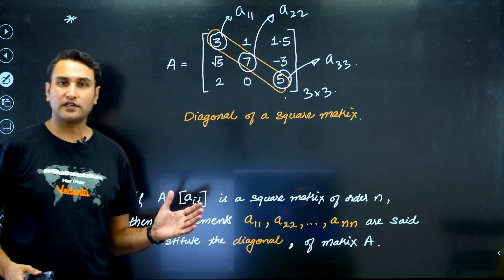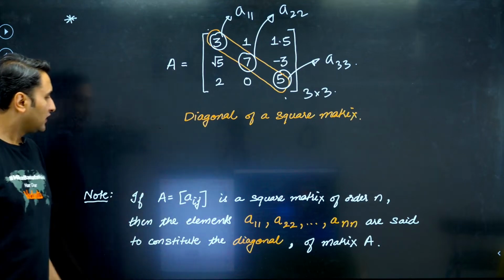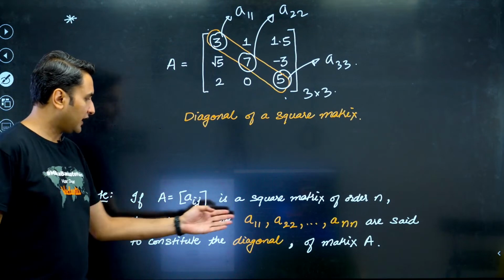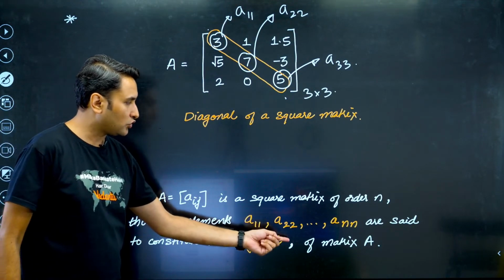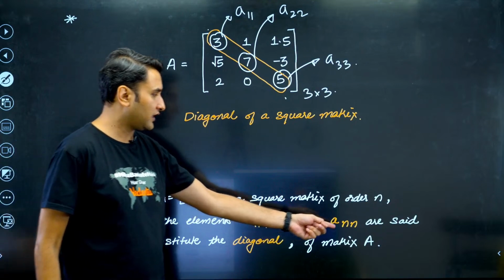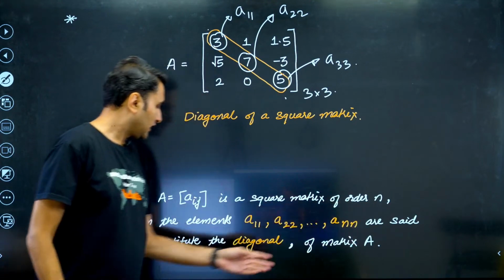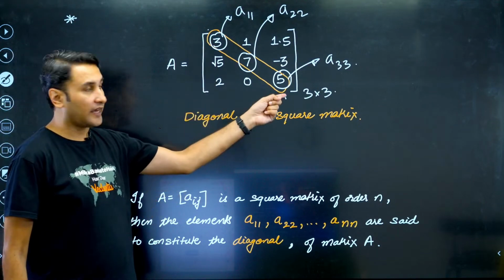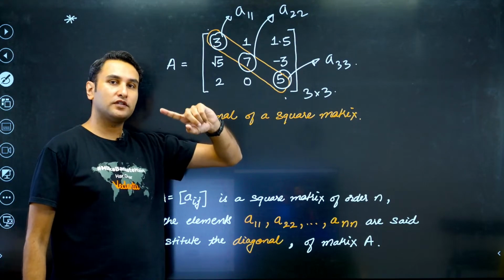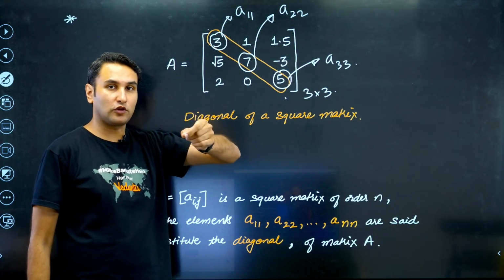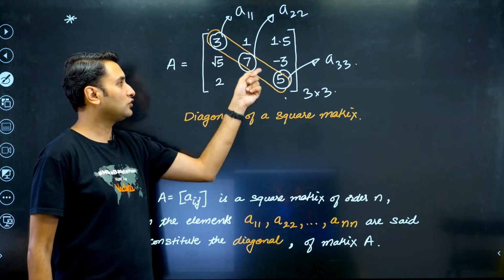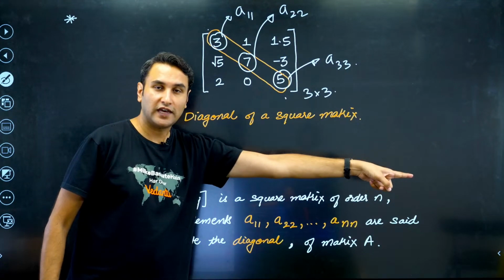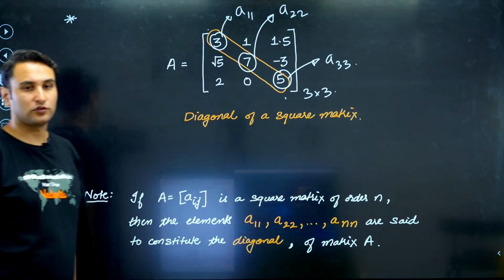Basically, a diagonal is the collection of all the elements A11, A22, A33, A44 till Amm in a square matrix. So in the diagonal, all the elements have the same row number and column number: 11, 22, 33, 44, 55 till mm. All right, cool. So this is the diagonal.